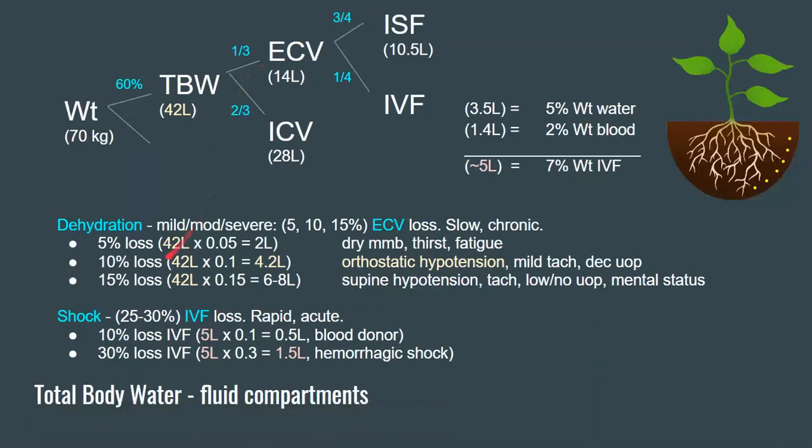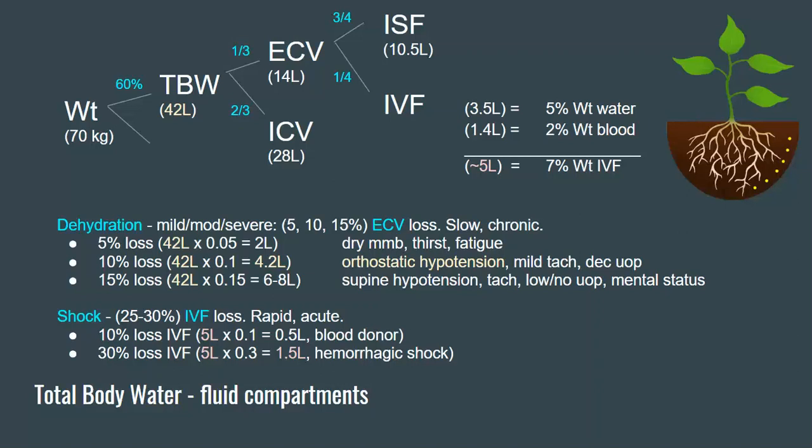That's only 5% dehydration. But if you lose 1.5 liters in the intravascular fluid compartment, you've got a threat to life. So fluid assessment really matters when you have a sense of where the fluid loss is occurring from.